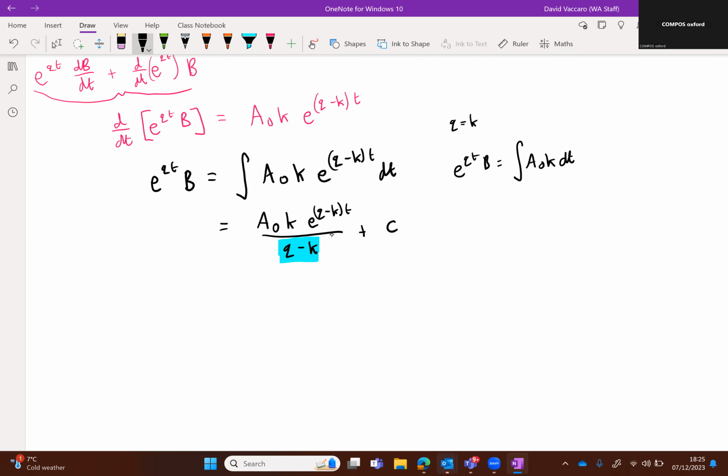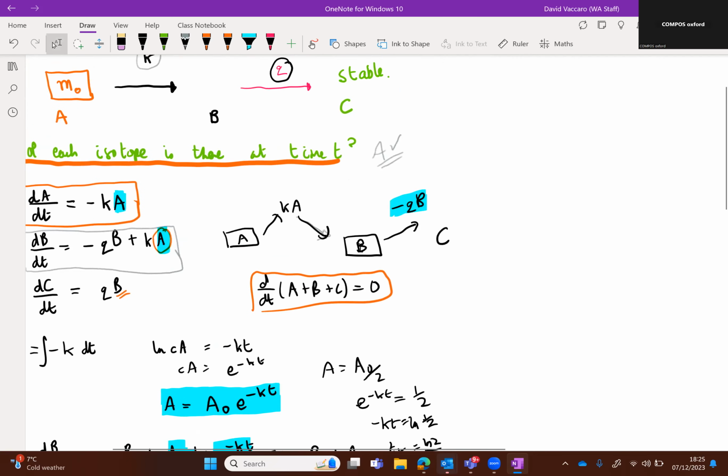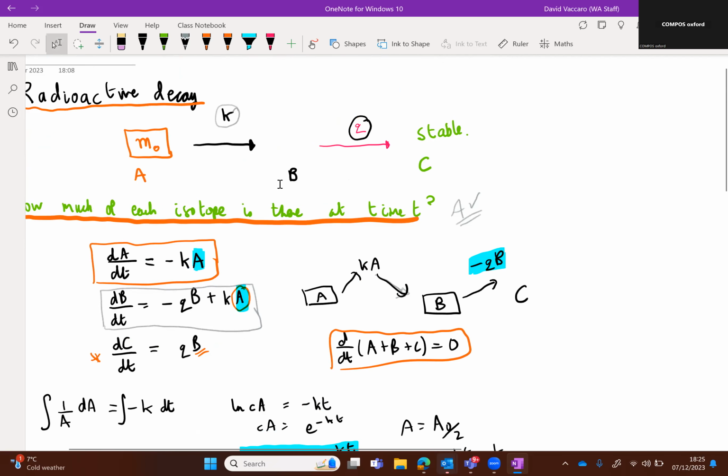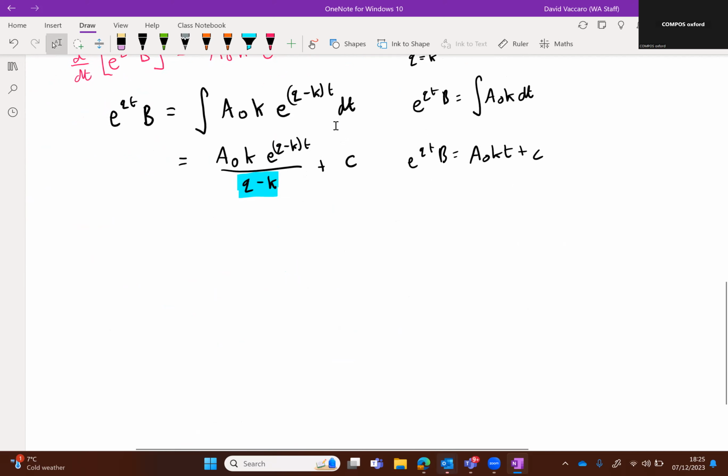I just get a constant, and I get e to the qtb is equal to a naught kt plus some constant c. I'm going to ignore that case because that case isn't particularly interesting, because that's when material A kind of just decays into something which is almost identical to it. So I'm just going to leave that case.